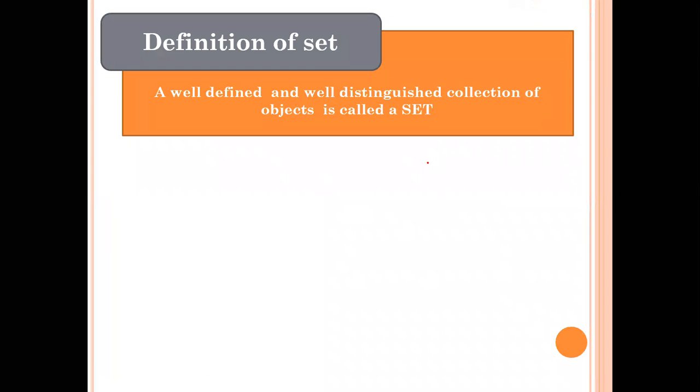Okay, so this is the definition of a set. A set is a well-defined and well-distinguished collection of objects. ಆಯ್ತಾ? ಸೆಟ್ ಅಂತ ಹೇಳಿದ್ರೆ ಆಬ್ಜೆಕ್ಟ್ಸ್ ಅನ್ನು ಕಲೆಕ್ಟ್ ಮಾಡ್ಕೋತೀರಾ. ಆ ಆಬ್ಜೆಕ್ಟ್ಸ್ ಗಳ ಮಧ್ಯೆ ಏನೋ ಒಂದು ಸಿಮಿಲಾರಿಟಿ ಇರಬೇಕು.